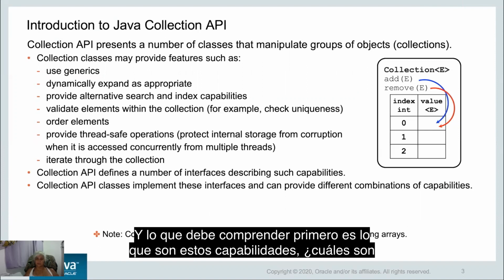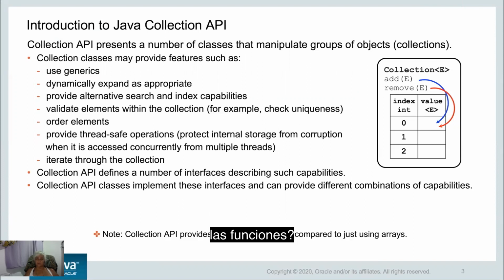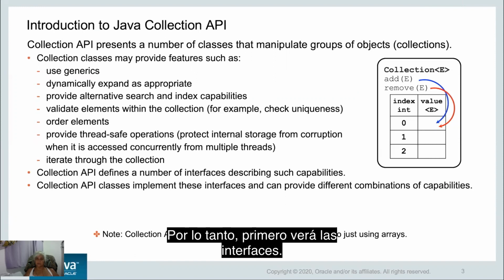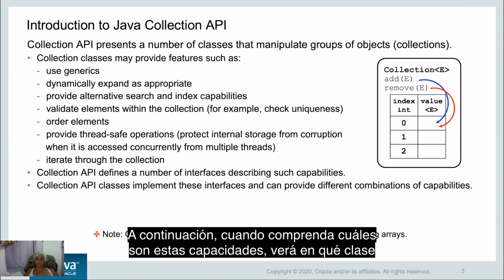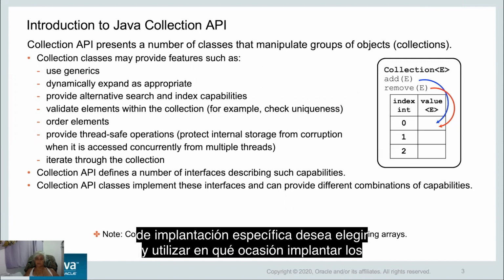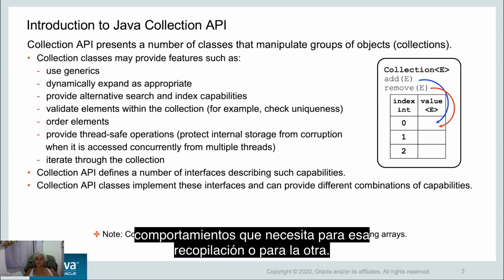And what you need to understand first is what are these capabilities? What are the features? So first you look at the interfaces. And then once you understand what these capabilities are, then you look at which specific implementation class you would like to pick and use on which occasion to implement the behaviors that you require from that or the other collection.